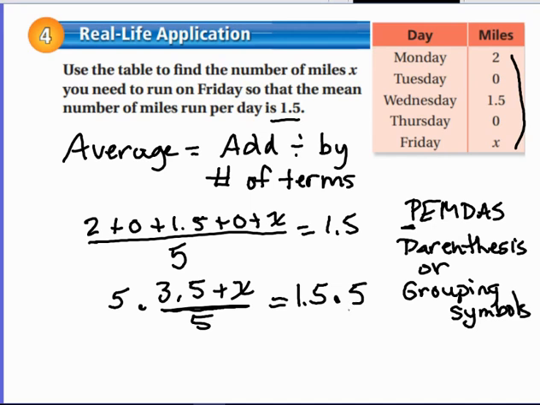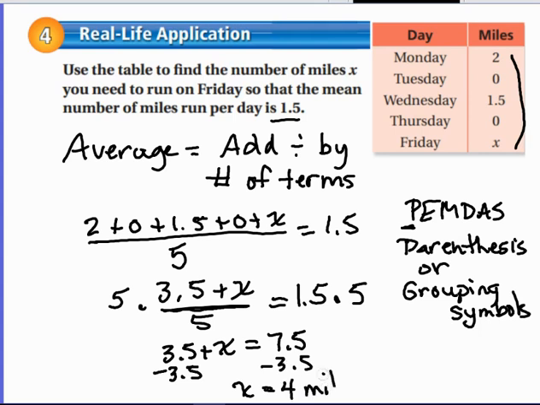So now we're going to multiply. 1.5 times 5 is 7.5. Oops, but I forgot, this is still here. We just got rid of this part. And so now, last step, subtract 3.5 from both sides. And you would get 7.5 minus 3.5 is 4 miles.